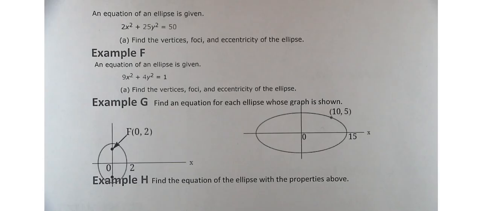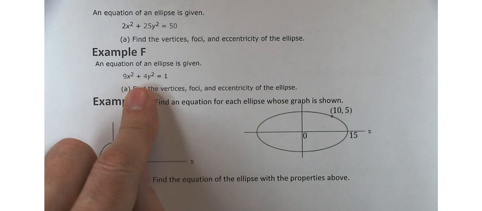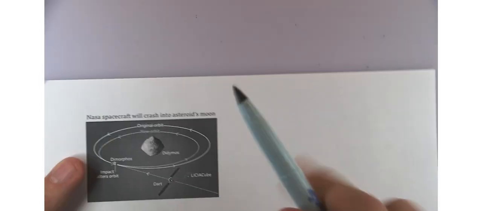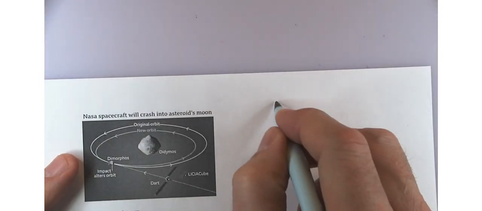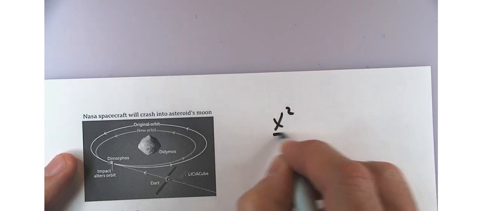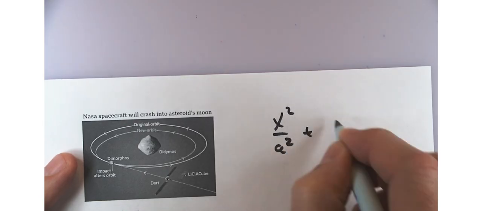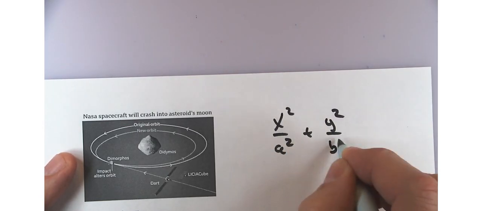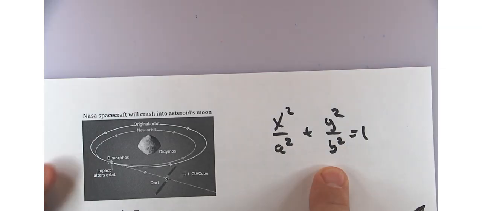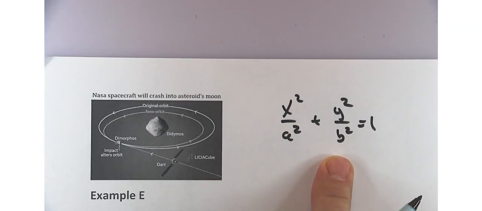In any case, I've got to rewrite this into standard form. The standard form for an equation of an ellipse is x squared over a squared plus y squared over b squared equals 1. Now that's if your ellipse is centered at (0, 0).